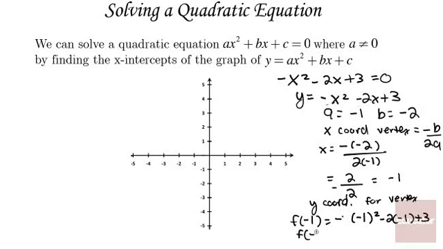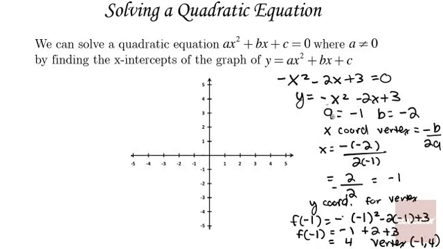Okay, so f of negative 1 equals negative, negative 1 times negative 1 is 1, so this comes out to 1, then we have a negative sign in front of it, that's negative 1. Negative 2 times negative 1 is positive 2, plus 3. So this is going to equal 5 minus 1, which is 4.